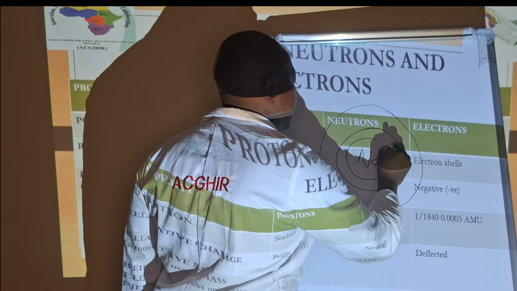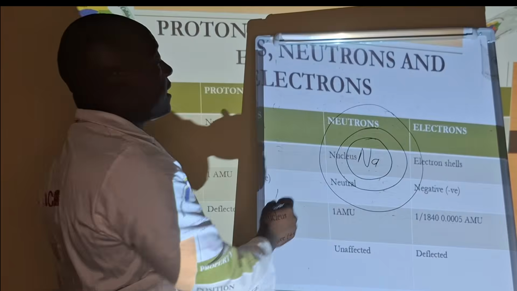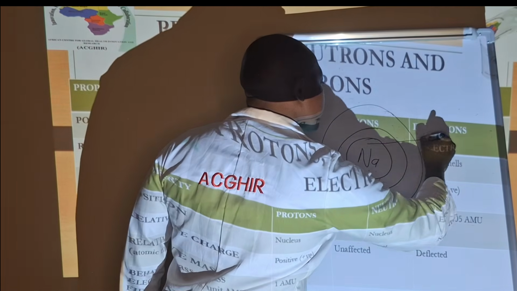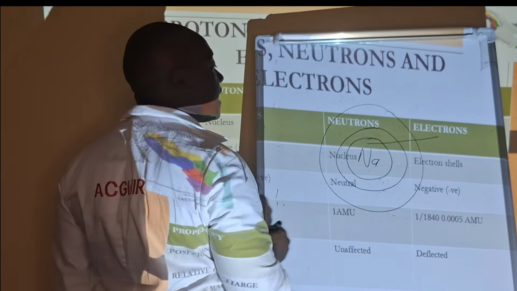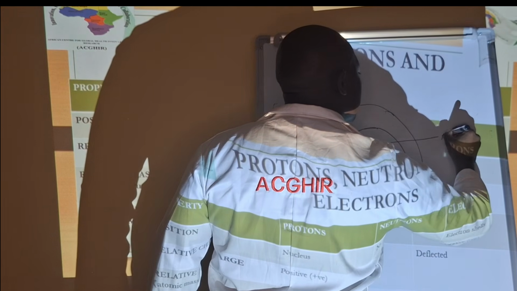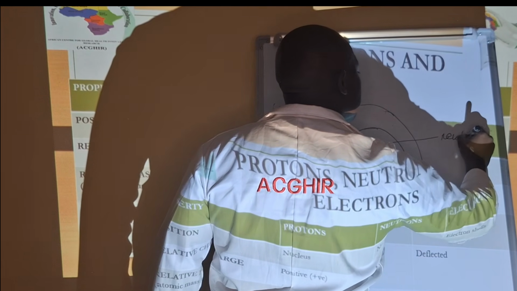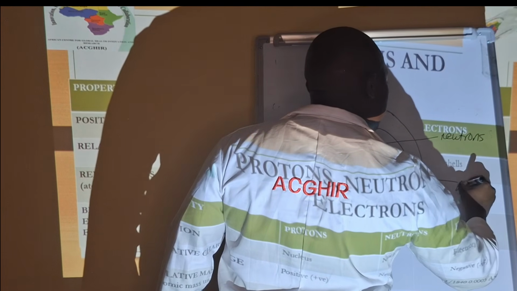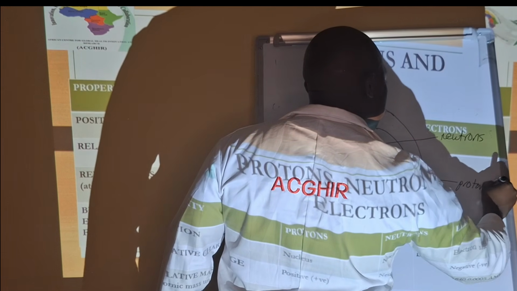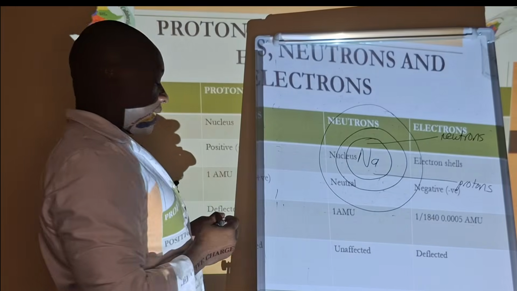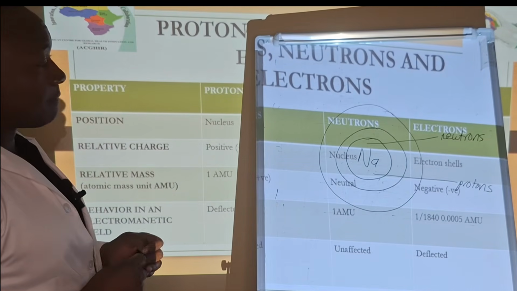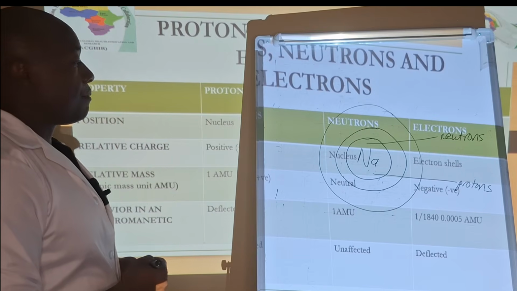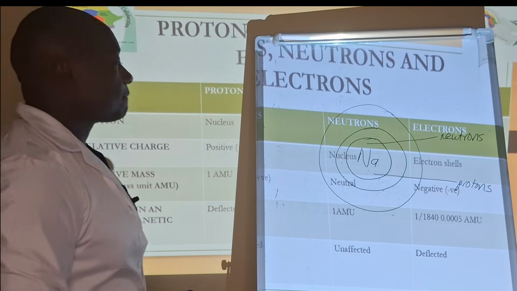So this is the atom, and this is the nucleus. In this nucleus we have neutrons, and also protons, inside the nucleus. The neutrons, remember we said they are neutral, and the protons are positively charged, right?